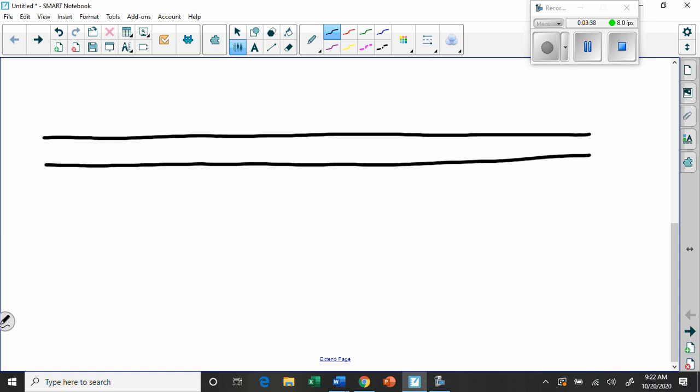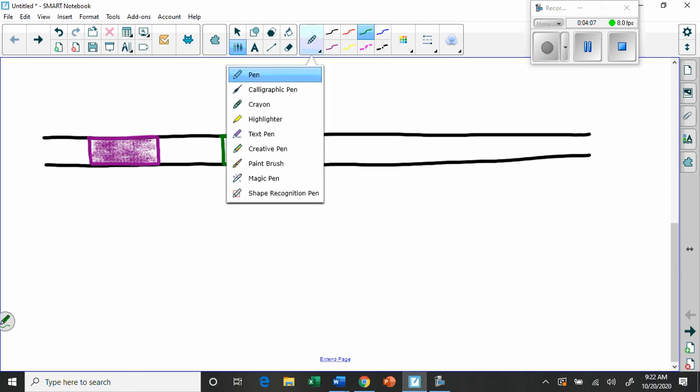What we're going to do is put a little purple box right here. This represents a section of the gene, which I'll color in with a nice purple crayon, like that. Then we're going to get a green box a little further down the line, maybe right about here. Okay, and we'll color that in with a nice green crayon.